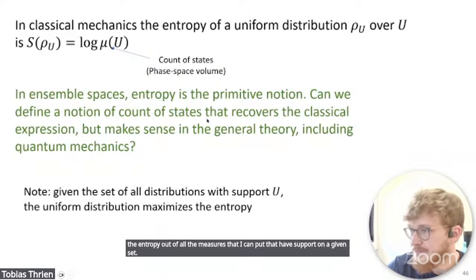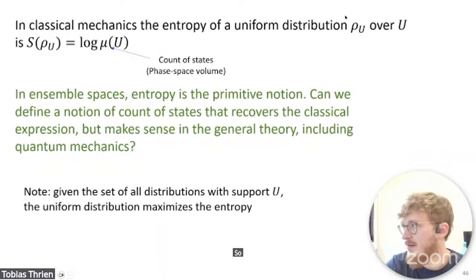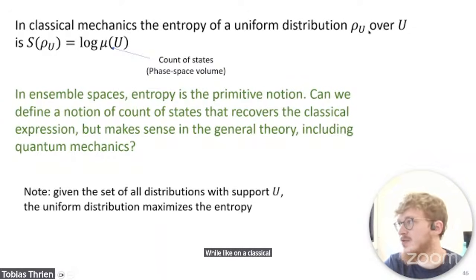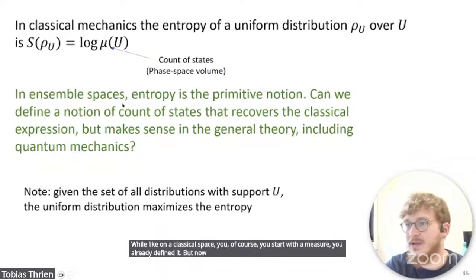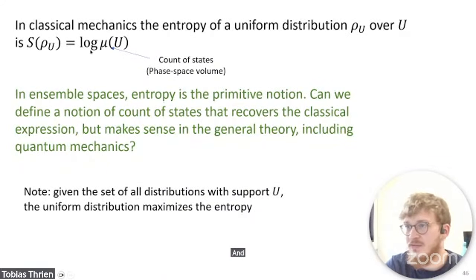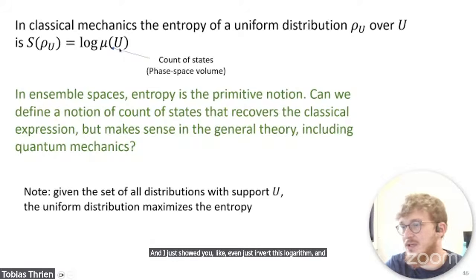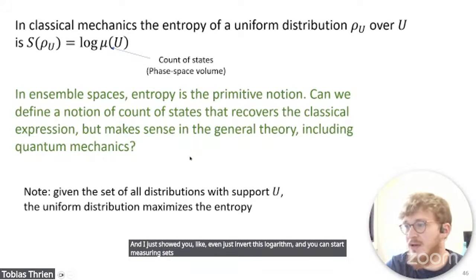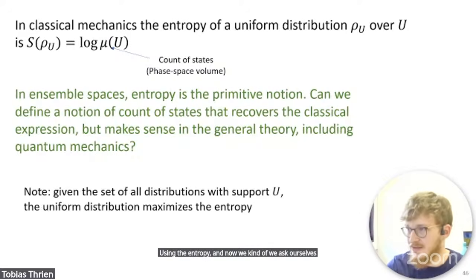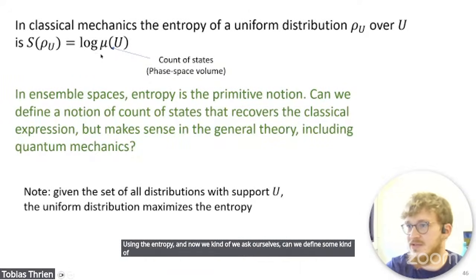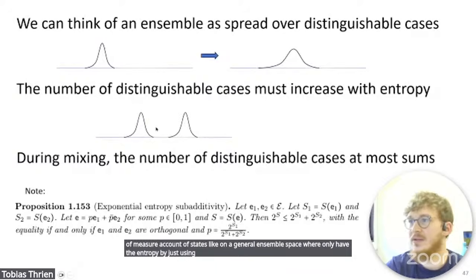While on a classical space, of course, you start with a measure, you already defined it, now I want to start with an ensemble space where I have only the entropy. And I just showed you that you can invert this logarithm and start measuring sets using the entropy. Now we ask ourselves, can we define some kind of measure, a count of states, on a general ensemble space where I only have the entropy, using the same pattern?